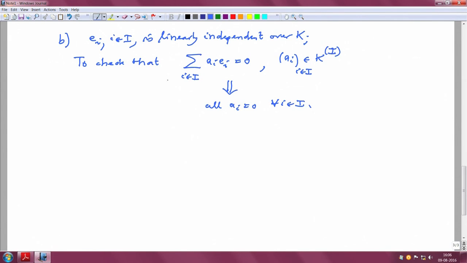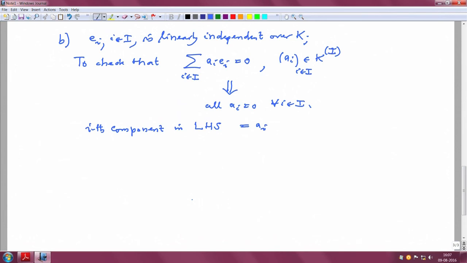We have been given that this sum is 0. So, if we check the ith component, the ith component in the left hand side is precisely a_i. And so, if this tuple is 0, then the ith component is 0, but the ith component is a_i, so the a_i are 0.